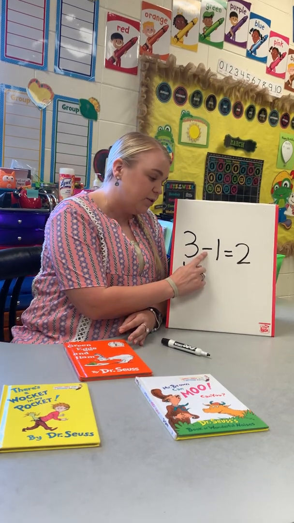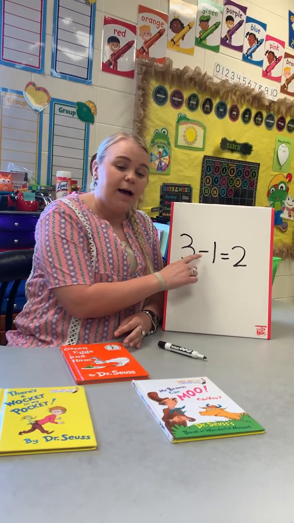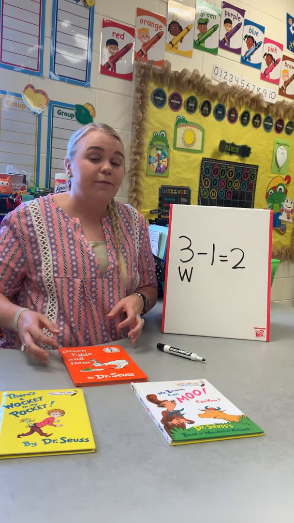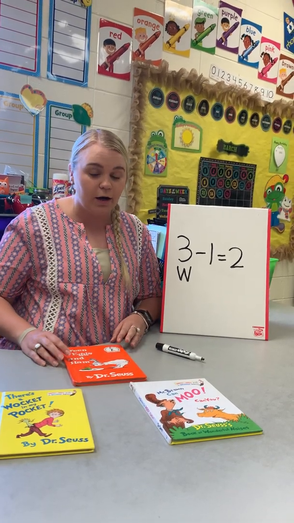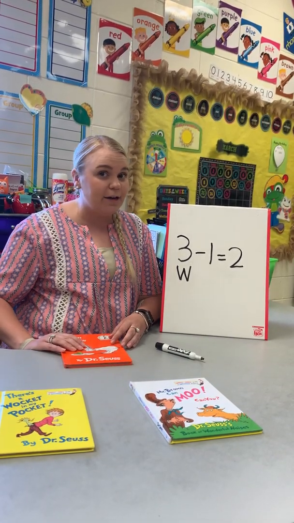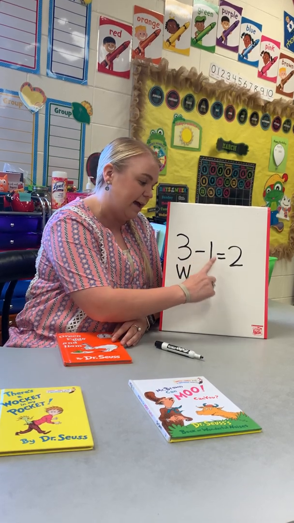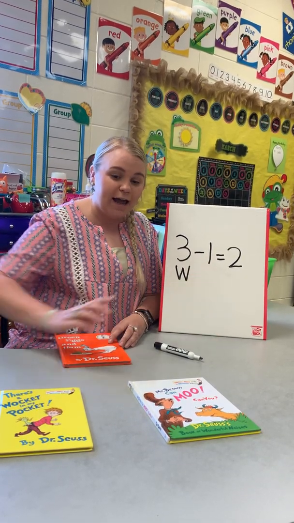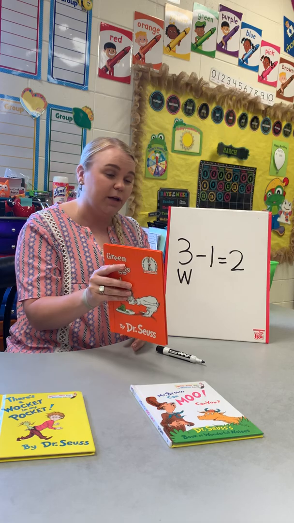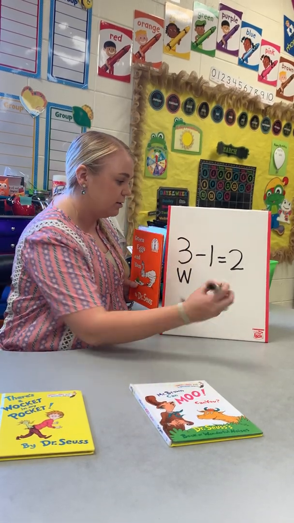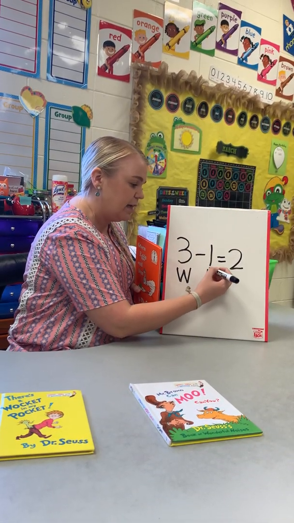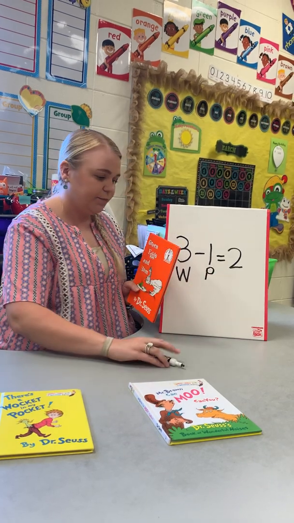But when I take away, I'm not going to take away the whole thing. I'm only going to take away a part. So how many did I take away, boys and girls? I took away 1. That's right. So I'm going to take away 1 book. This is a part. So I'm going to write P for part.